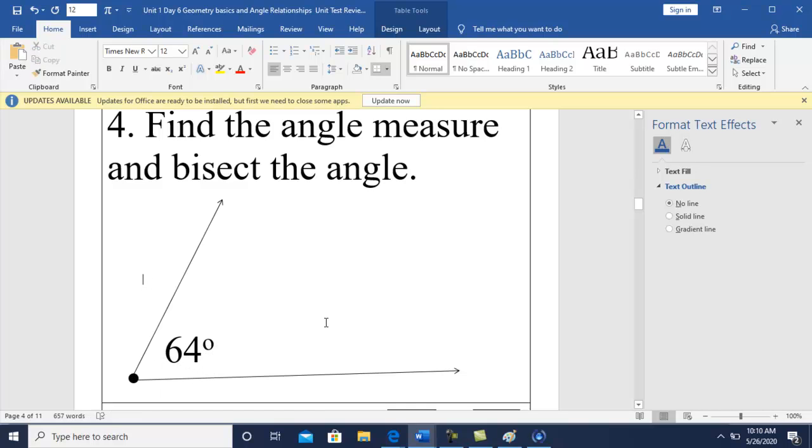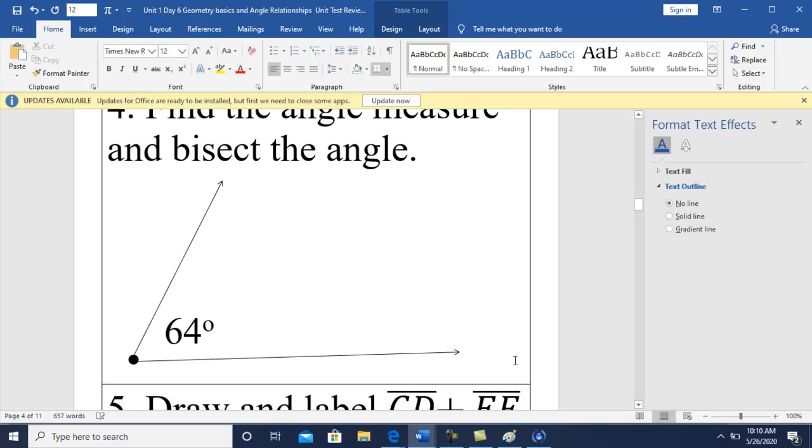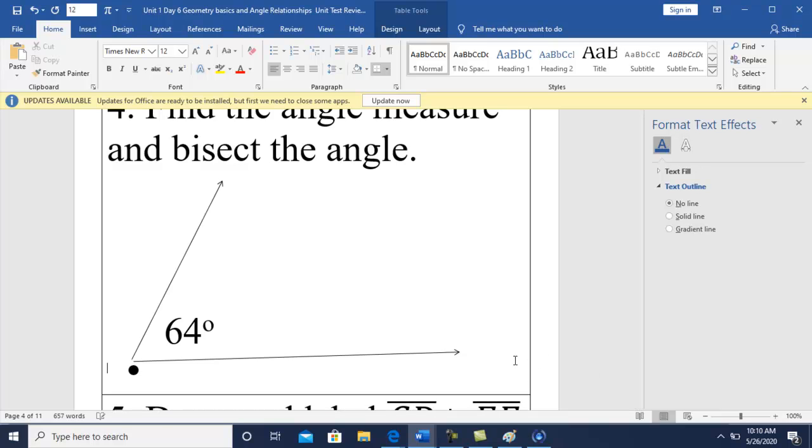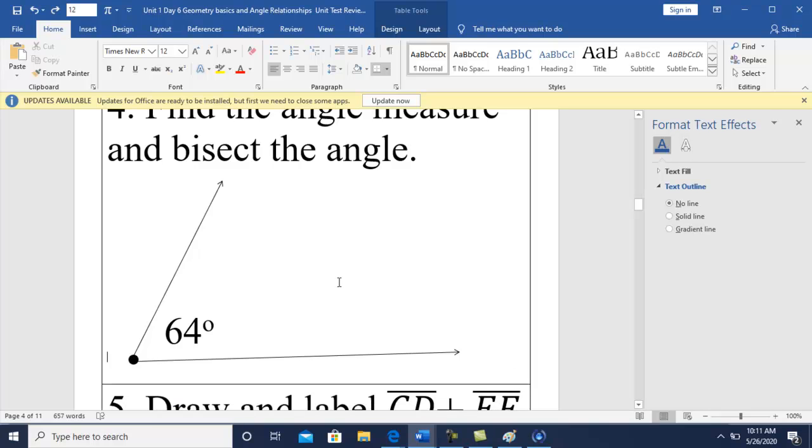Okay, so 64 degrees. Now, if we take 64 and divide it by 2, that'll be 32. So we got to find an angle measurement that's 32. Okay, so it's a little bit above the degree there.